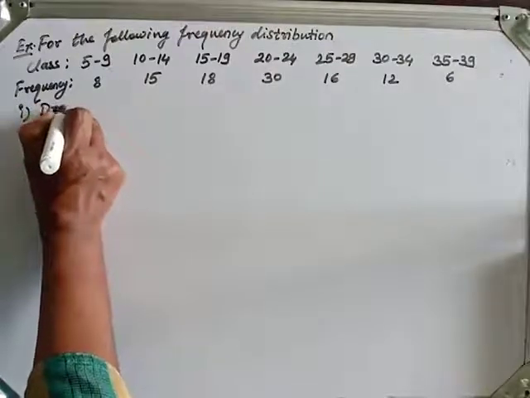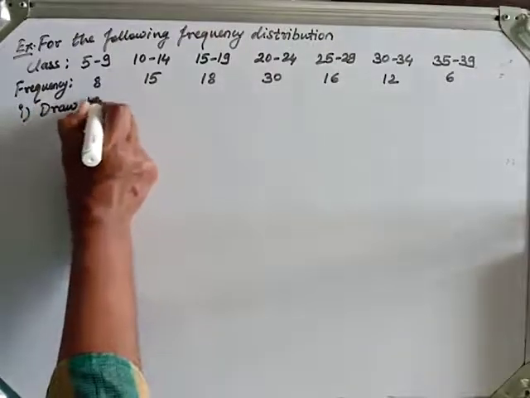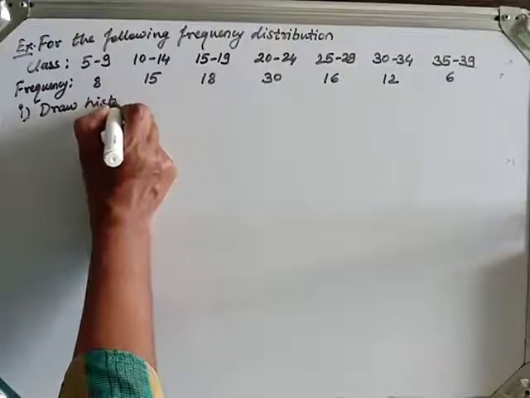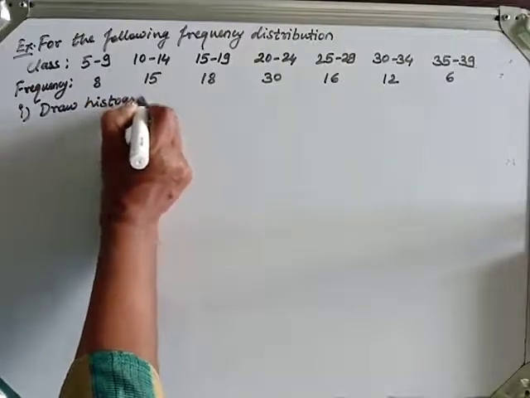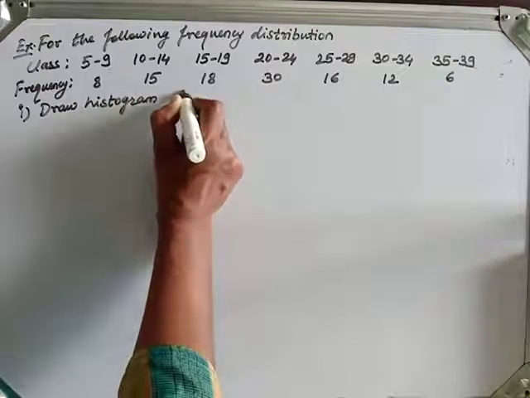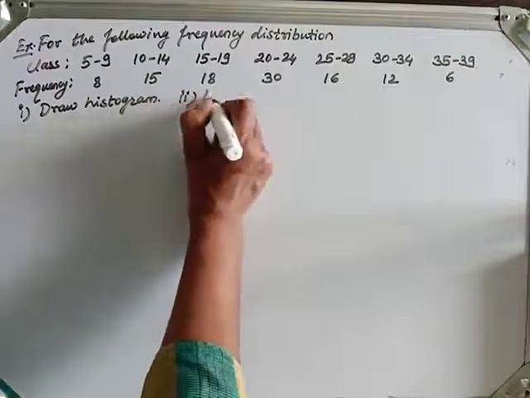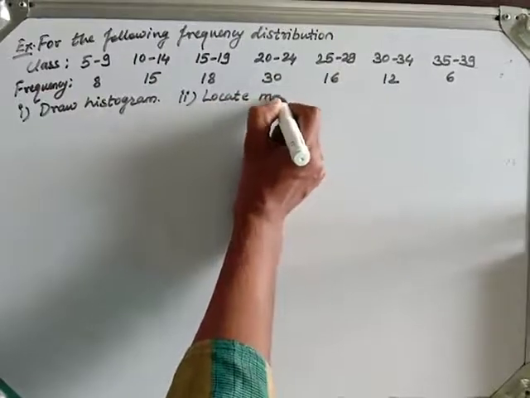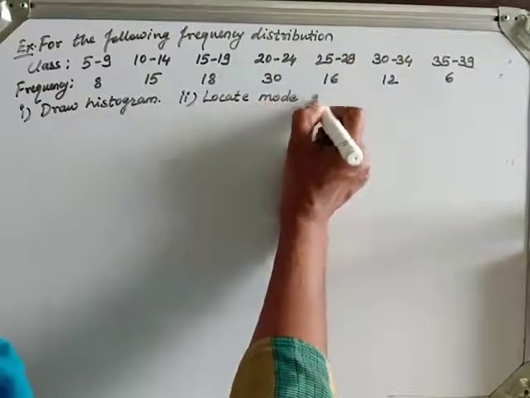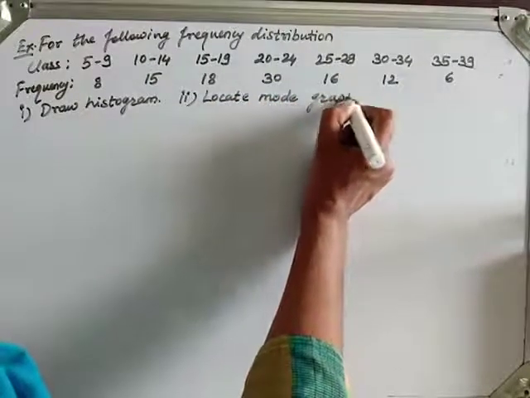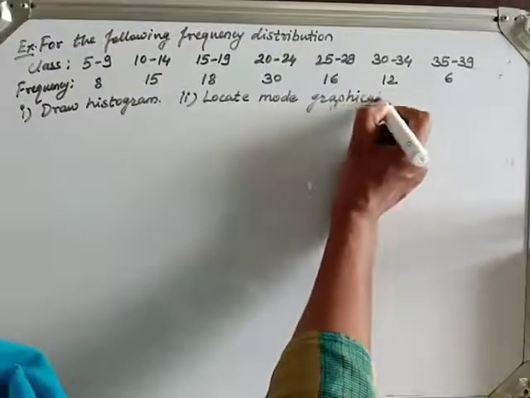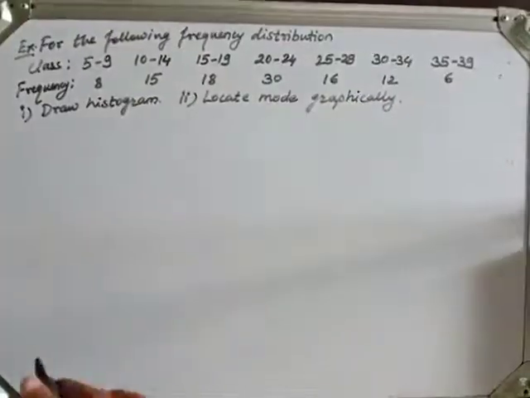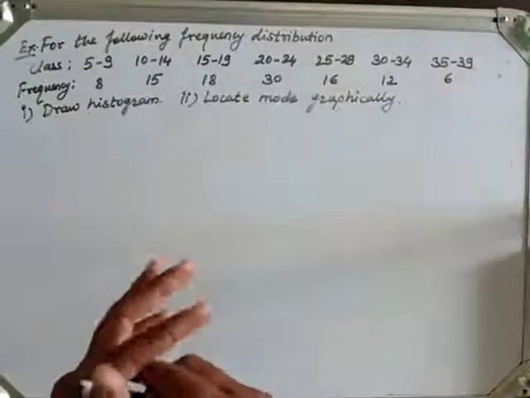The question is the same: draw the histogram, and the second question is to locate the mode graphically, by the graphical method. This is our question, so let us solve it.